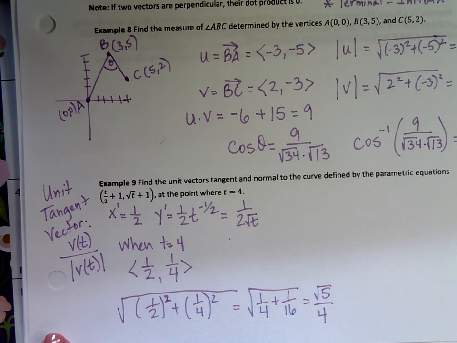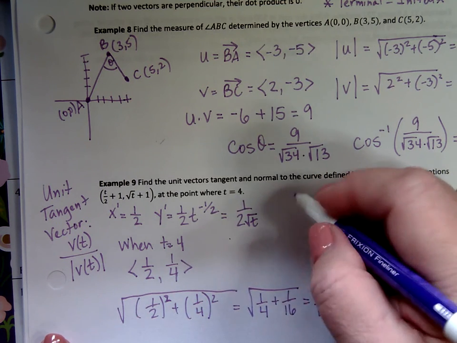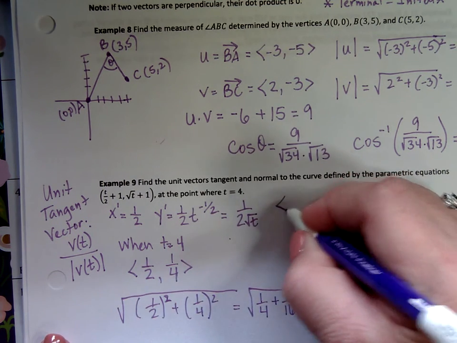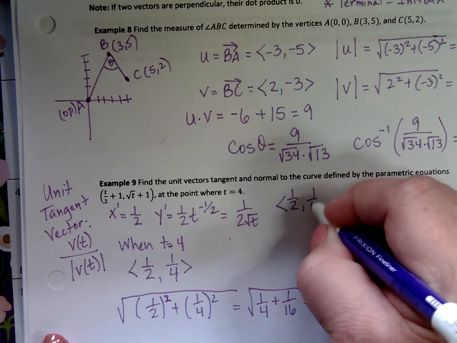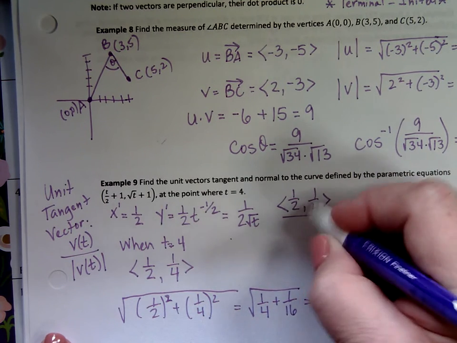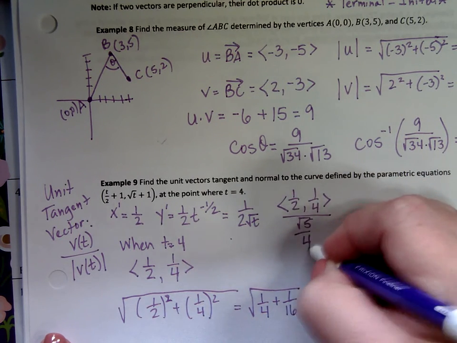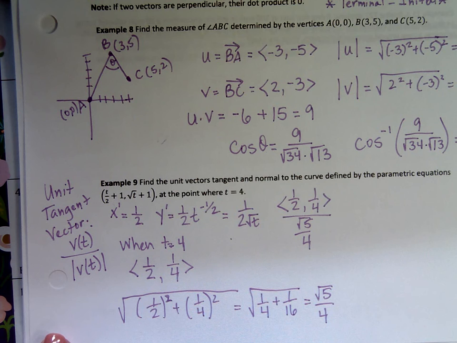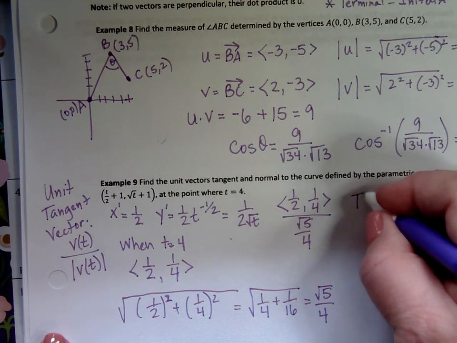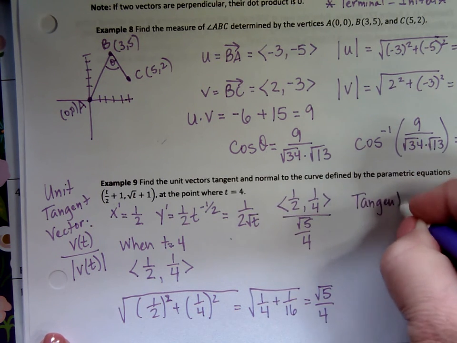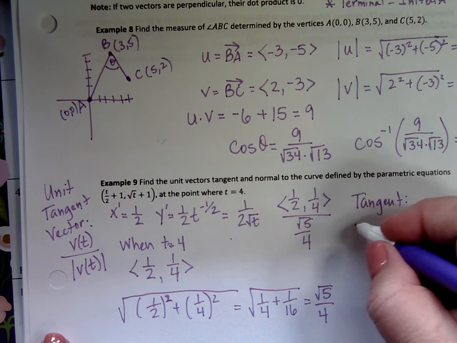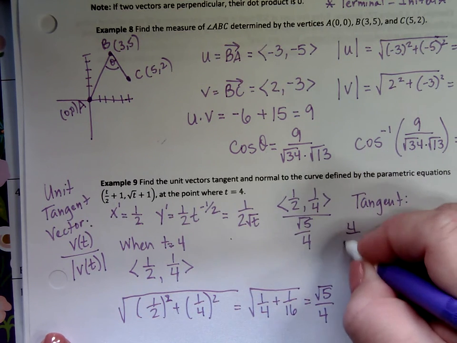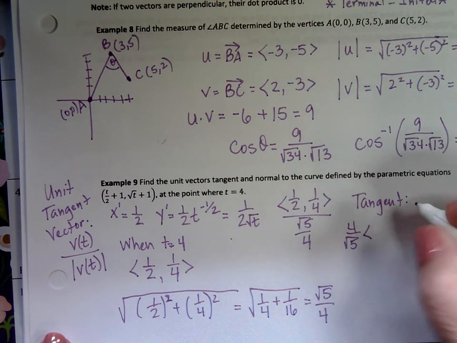Well, if I have my resultant vector, 1/2, 1/4, divided by the square root of 5 over 4, isn't that the same thing as multiplying it by the reciprocal? So my tangent would be 4 over the square root of 5 times 1/2, 1/4.